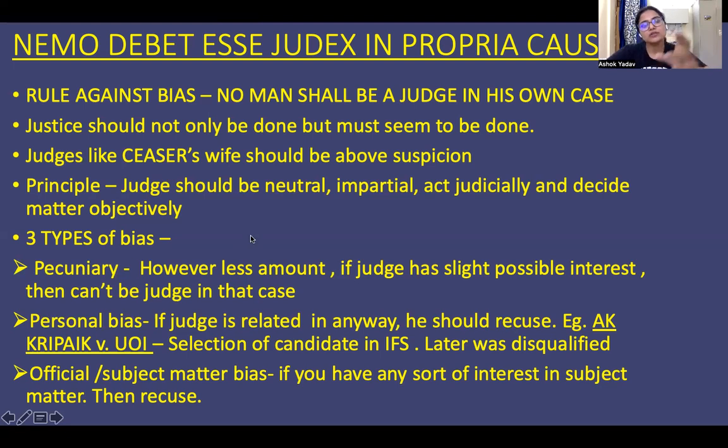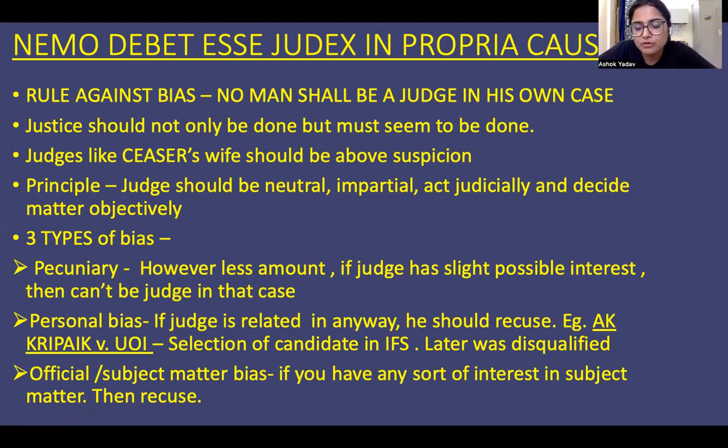So the principle behind this maxim is that a judge should be neutral, impartial, act judicially, and decide matters objectively. That is why they are saying no one can be a judge in his own case, which means if you are judge in your own case, obviously there will be some bias attached. So this is what this principle is talking about.